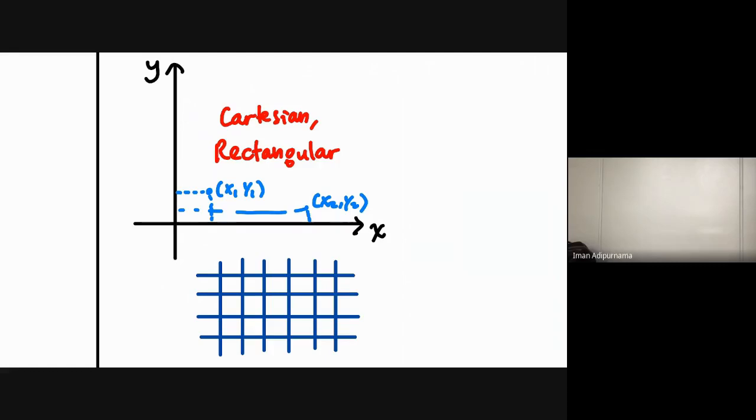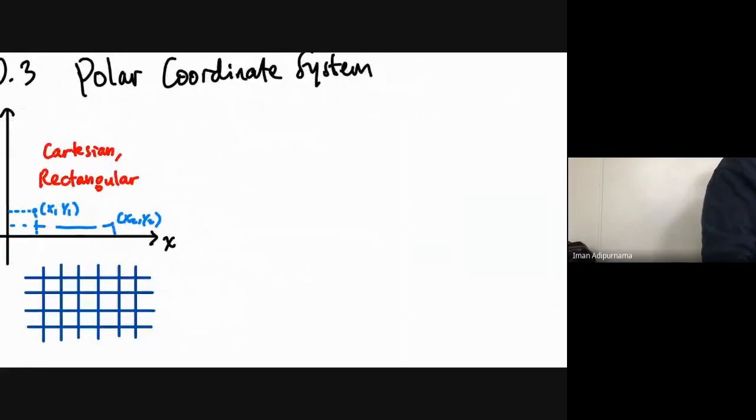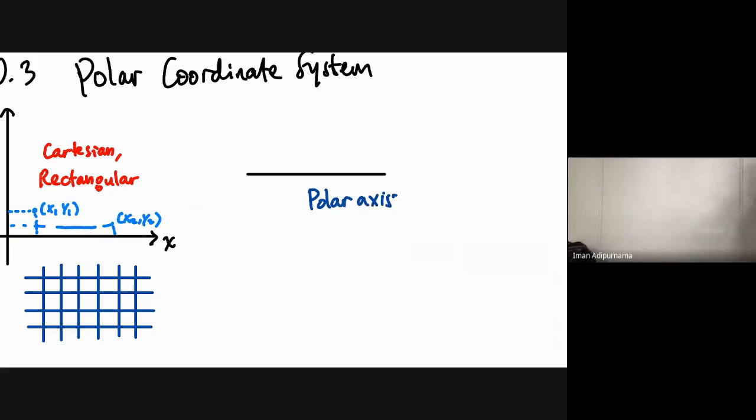We are moving away to a polar system. So the polar system, we call this a polar axis. It's based on the circular movement. So let's say this is the base, and how you move is counterclockwise.